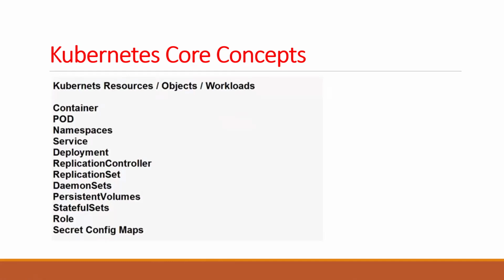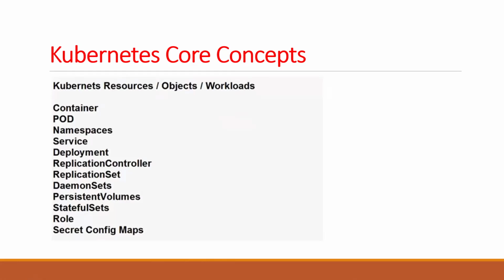You already know, right? No, I only know some things, not all of them. Container, namespaces, service, deployment, replication controller, replica set, daemon sets, persistent volumes, stateful sets, role, secret, config maps.